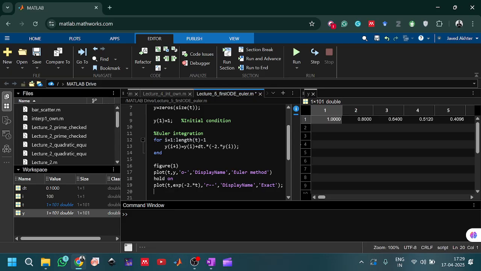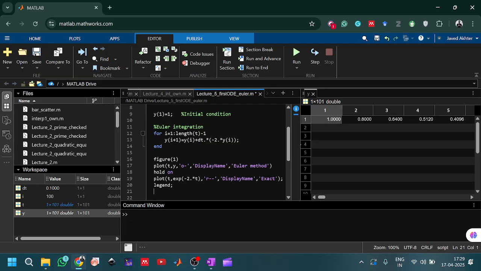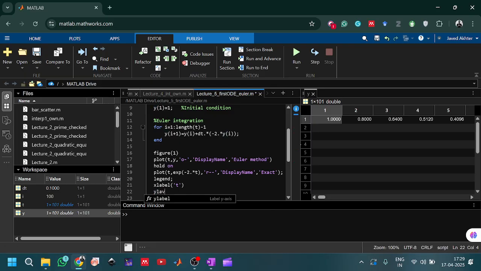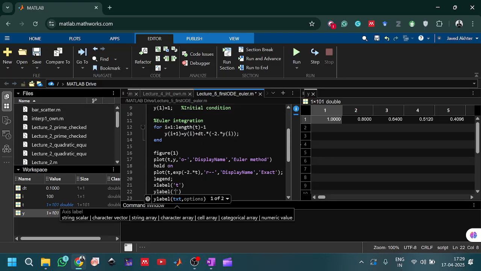So let me go to legend. Then you can plot x label t. Then you can call y label, which is our y.